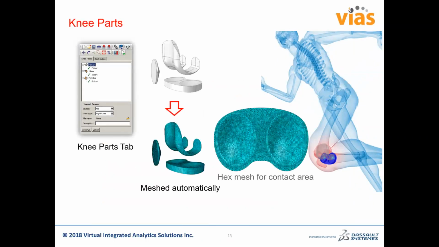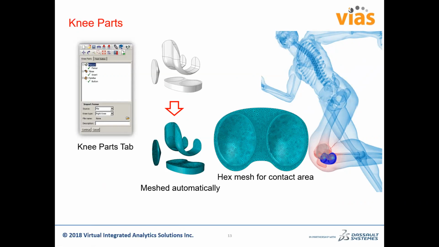If by any chance you are familiar with Abaqus, the knee simulator creation of geometry and setting up the model is done in Abaqus CAE, and the solver is Abaqus explicit. Here, the dialog box on the left side has 2 tabs: knee parts and test suites.